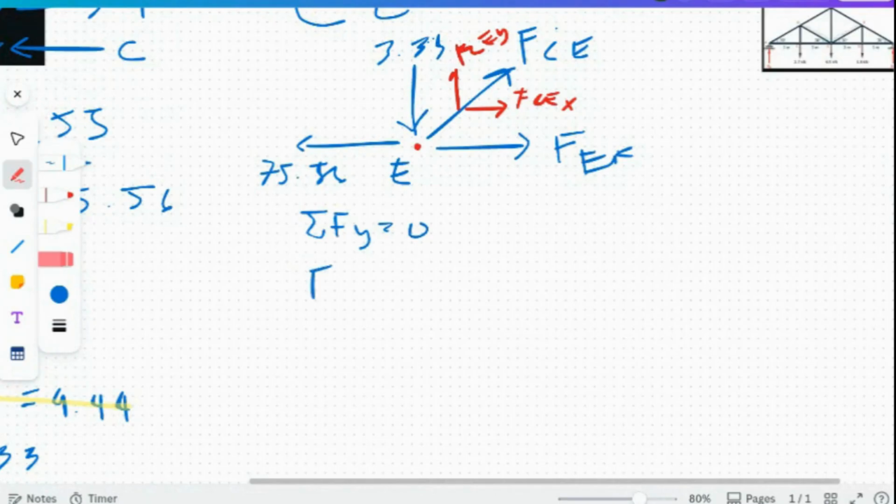Force going up, FCEY, is equal to going down, 3.33.